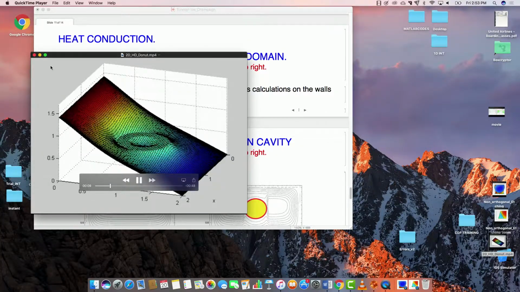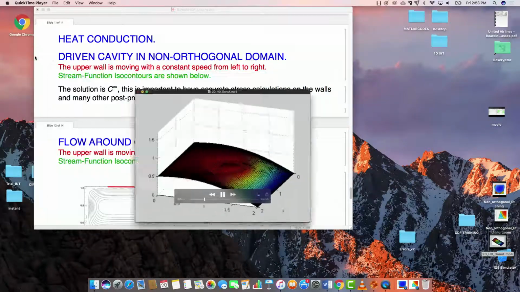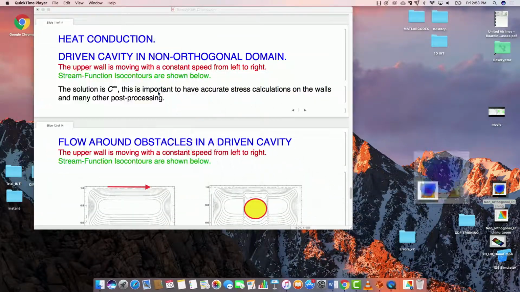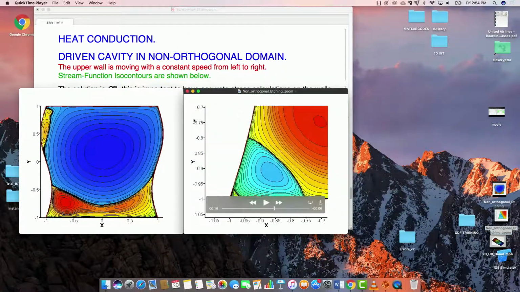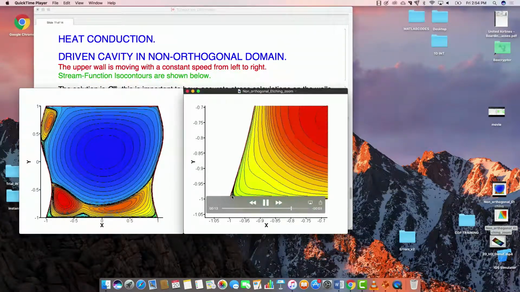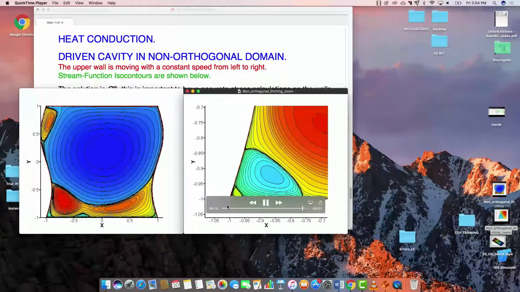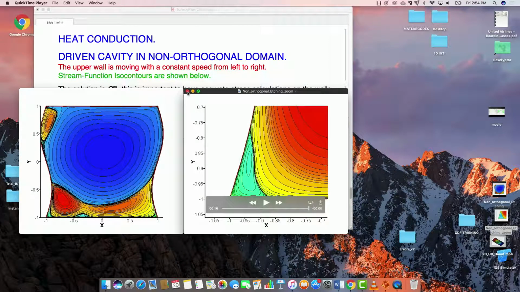So we can do this unsteady. And for a flow problem, I'm going to show you a Dirichlet cavity with a non-orthogonal geometry. Here, the important thing is happening at the corner. This is really hard to obtain with any finite method. This is probably almost impossible to obtain such a nice result.